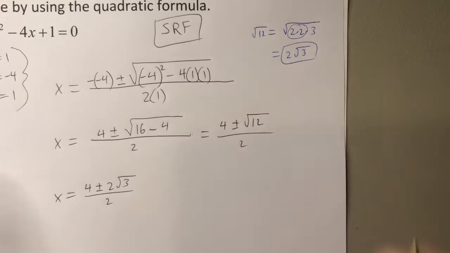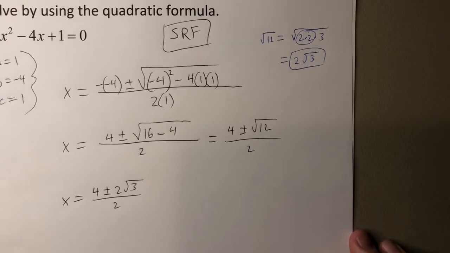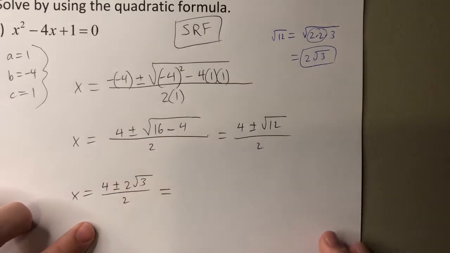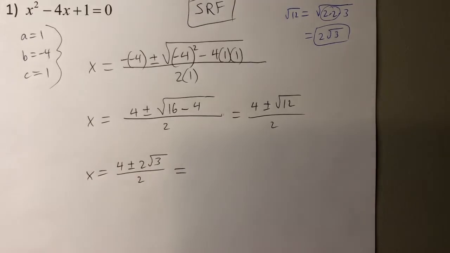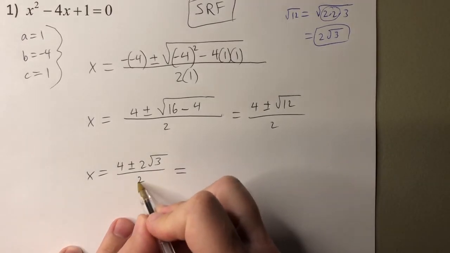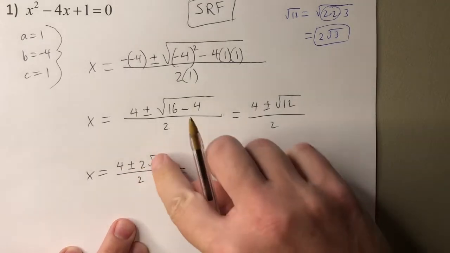This is something we did in section 1.7. 1.7 was a beast. There's a lot going on in section 1.7. Hopefully section 1.8 is more straightforward, I hope. Okay, is this completely simplified though? No. So it's not, because look at the denominator. If you can put this 2 into both of these numbers up on top, don't worry about the radical anymore.